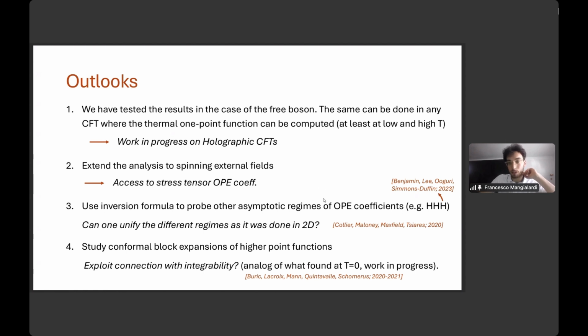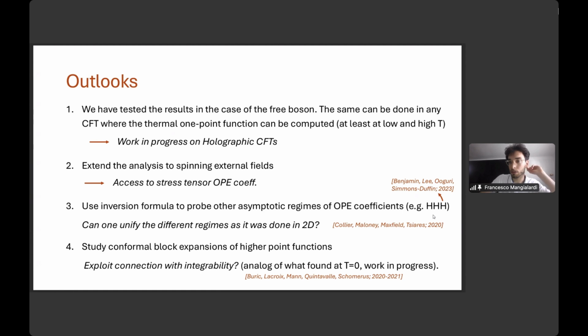Then I put here two, in some sense, far-reaching outlooks. One is to see if we can use the inversion formula to probe other asymptotic regimes of OPE coefficients. For instance, we could consider making also the external operator heavy, so large.